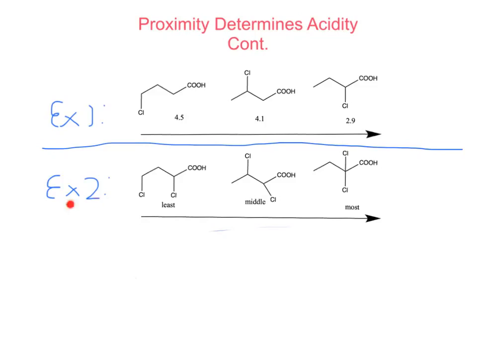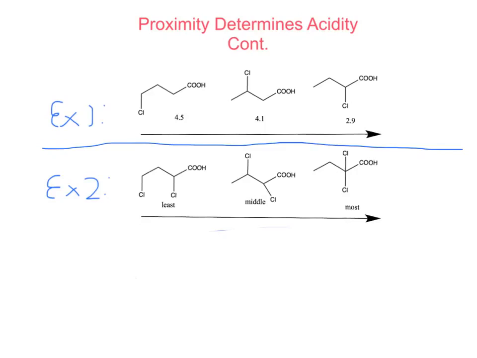Now, for example 2, this shows the proximity of more substituents to the carboxylic acid. If you hold this chloride ion right here, right next to the carboxylic acid, and then have another one way out here, the acidity is going to be less than if you still had this chloride ion here, but then a chloride one step in.